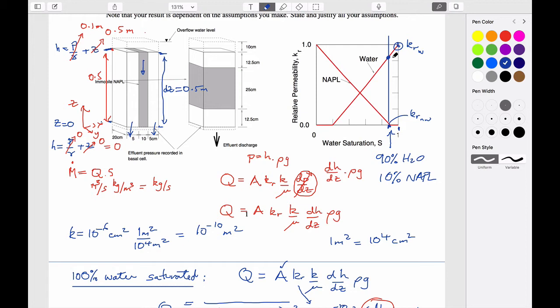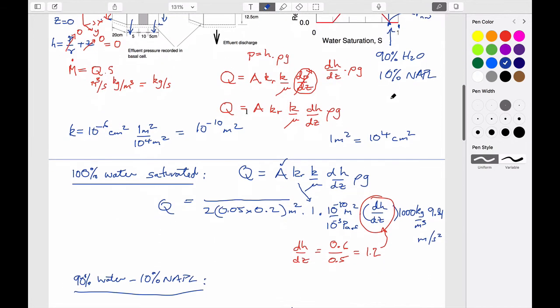And so the relative permeability will be something like this. And this is at 90% water saturation. And it is, well, it's almost a linear line, so it's roughly 90%. It's not quite. Is it going to be less than or more than? I suppose it's steeper, so it would be less than. So I don't know what this is.